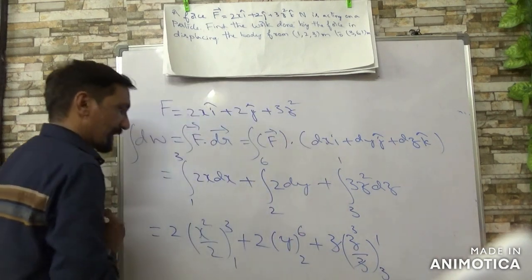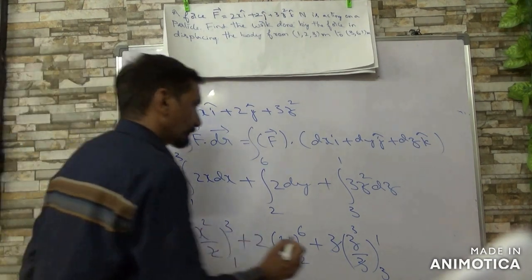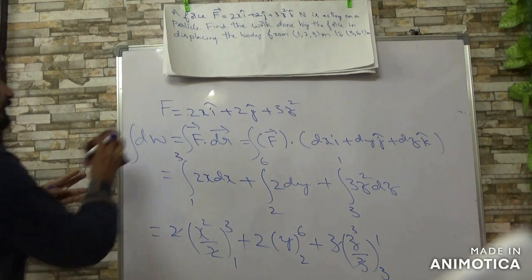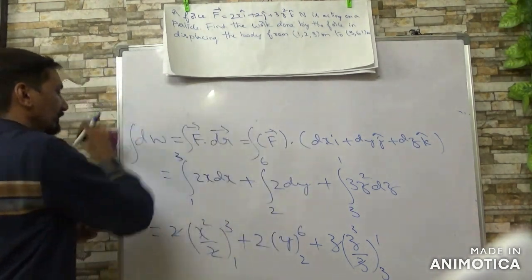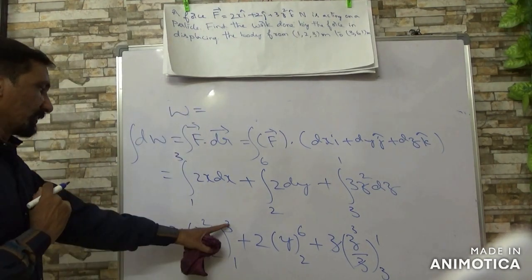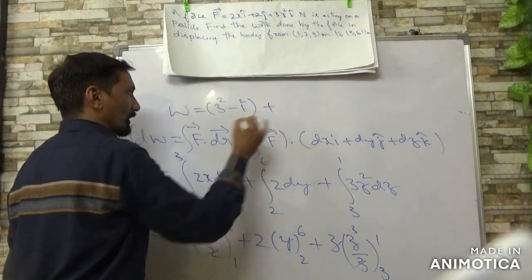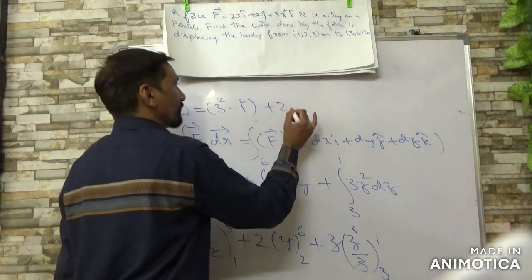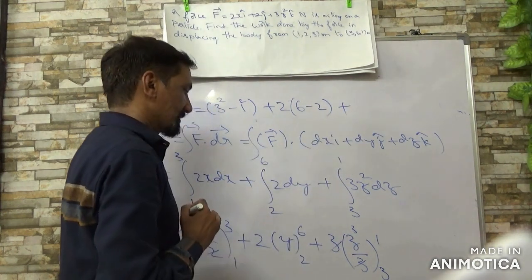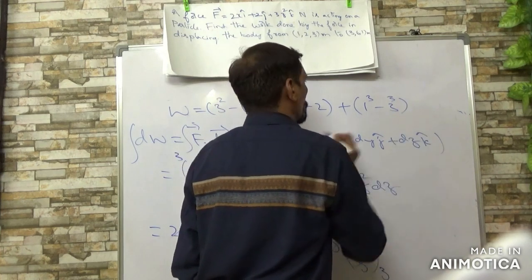Okay, 3 cancelled, here 2 cancelled. So we can find the work done. The integral of dW is W. So W is equal to 3 square minus 1 square, you know, always upper limit minus lower limit, plus 2 of upper minus lower, so 6 minus 2, plus z cube, so 1 cube minus 3 cube.